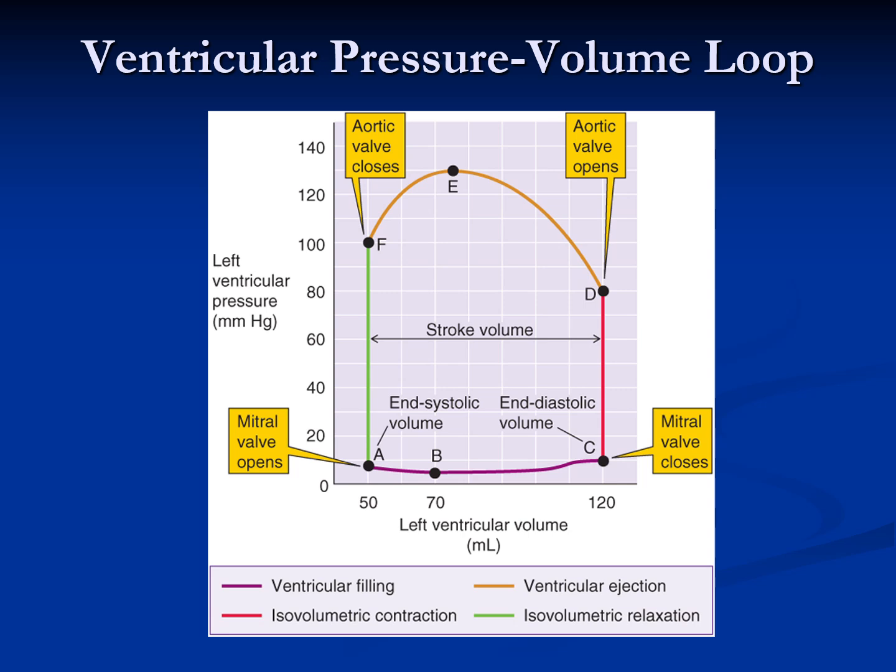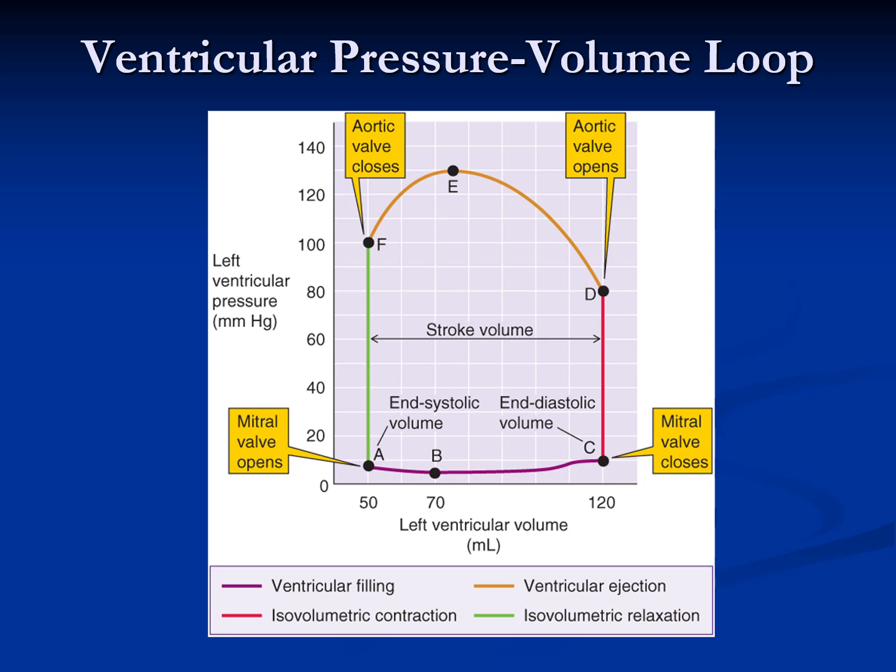So if we start at the bottom of the graph at the left side, at point A. Point A is exactly where we started when we discussed the cardiac cycle, which was the very end of systole, when the ventricle is empty, the end of the isovolumic relaxation, right at the point where the mitral valve opens.